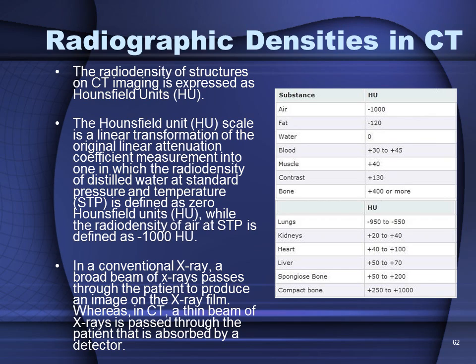That makes sense in terms of the contrast or the densities that are produced, because all of this is standardized to the radiodensity of distilled water. In a conventional X-ray, a broad beam of X-rays is passed through the patient. This is in contrast to CT, in which a thin beam of X-rays is passed through the patient that is absorbed by a detector.